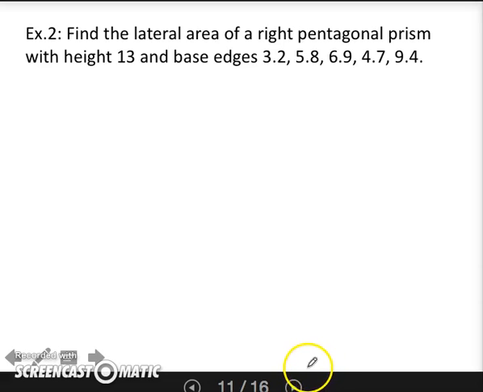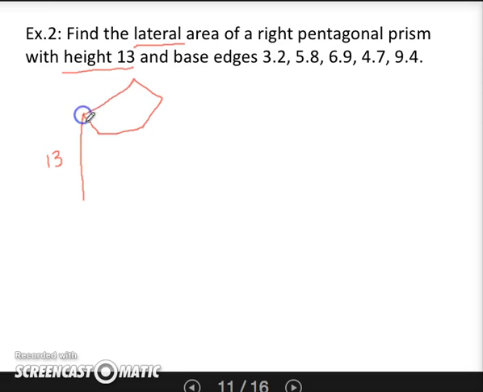Let's do another example. We're asked to find the lateral area of a right pentagonal prism. A pentagon has 5 sides, so this is going to be a challenge to draw, but I'm going to try it. The height is 13, so that's not too hard. Let me see if I can draw some kind of a pentagon here.